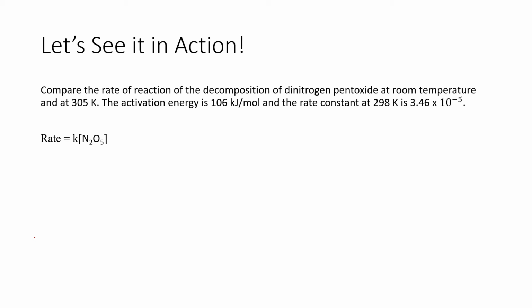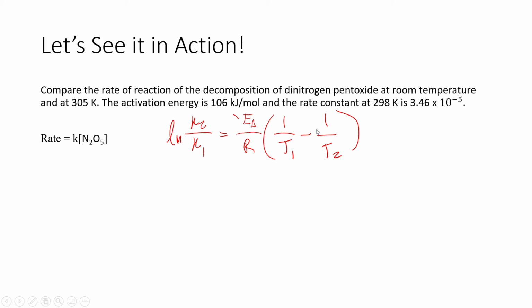So we remember our equation is ln of K2 over K1 is equal to negative Ea over R times 1 over T2 minus 1 over T1. Because we're looking for K2 in this particular reaction, we're going to take e to the power of this whole thing so that we can isolate K2.